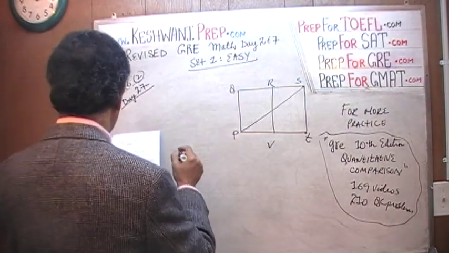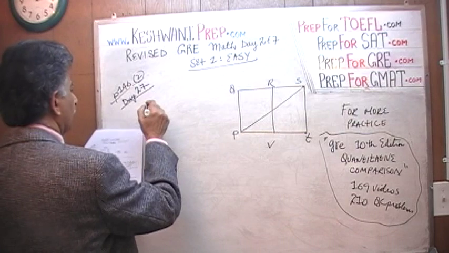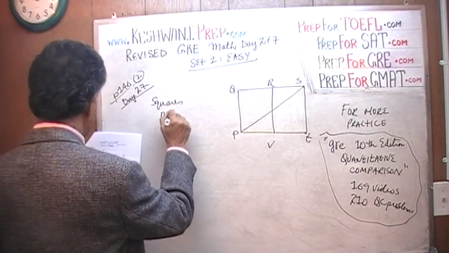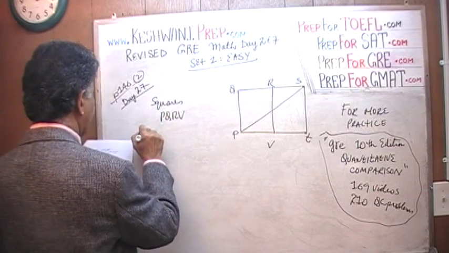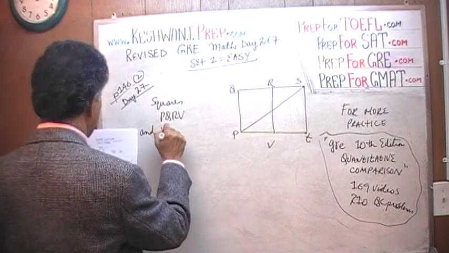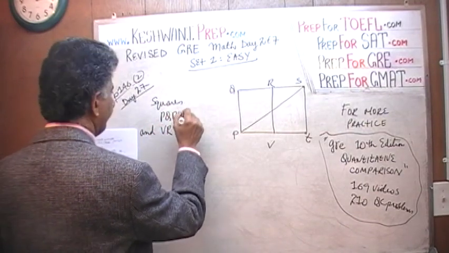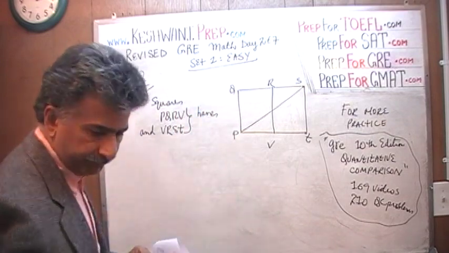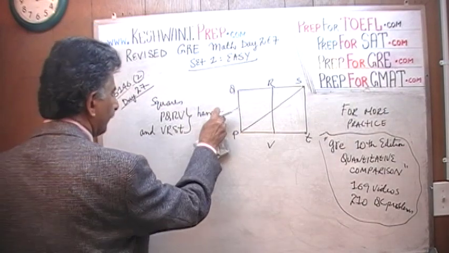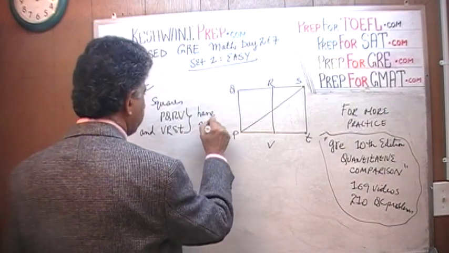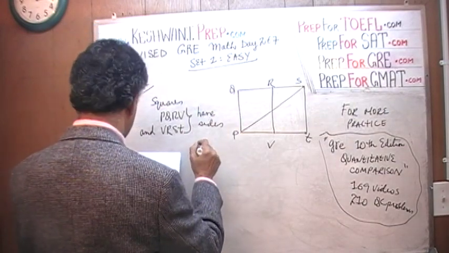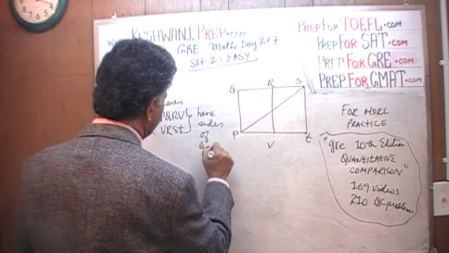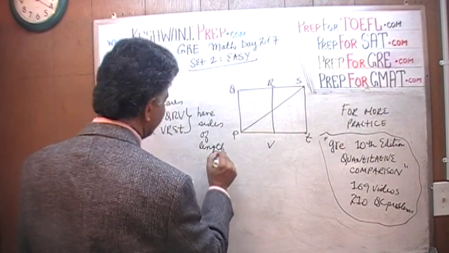And they tell us that the squares P, Q, R, V and V, R, S, T have sides of length 6.